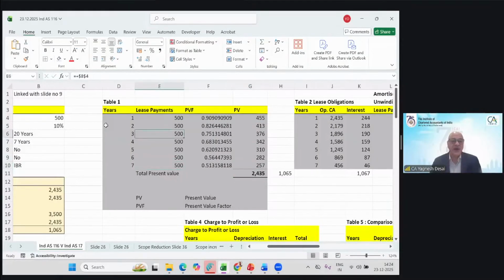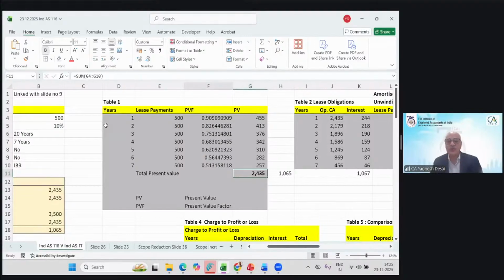My 3,500, which I'm going to pay over a period of 7 years, is the gross investment in the lease. 2435 is the net investment in the lease. The difference between 3,500 and 2435, that is 1,065, is the unrecognized financial income.